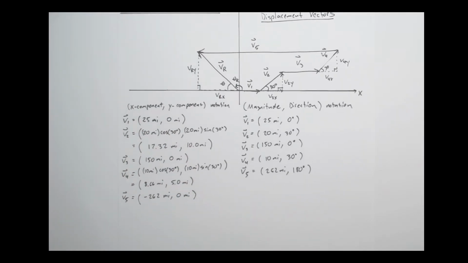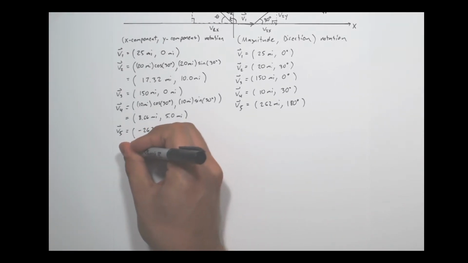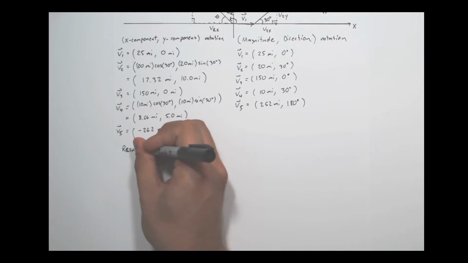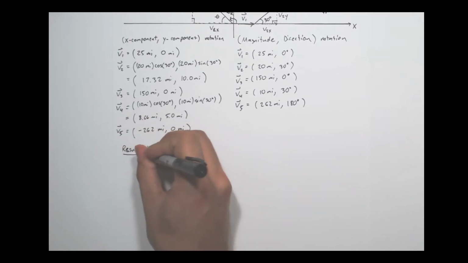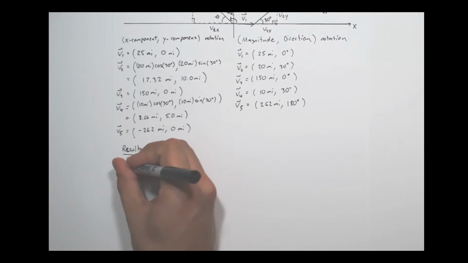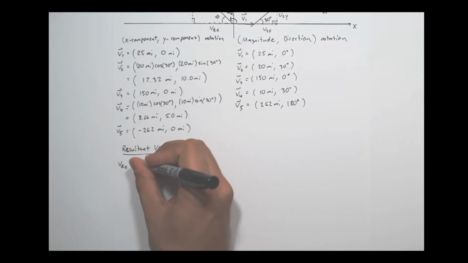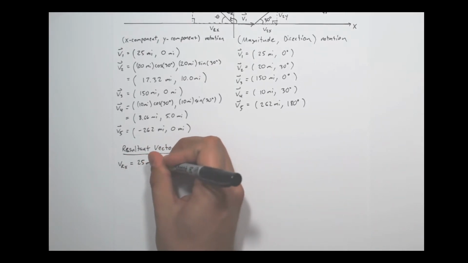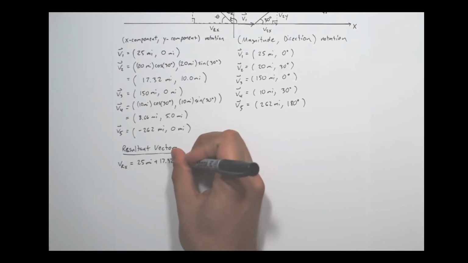So let's create a new section here for our resultant vector. And so we're going to have VRX equal to the sum of all those x components. Just to be explicit, let's write it out. Here's the 25 miles. We need to add to it the 17.32 miles.